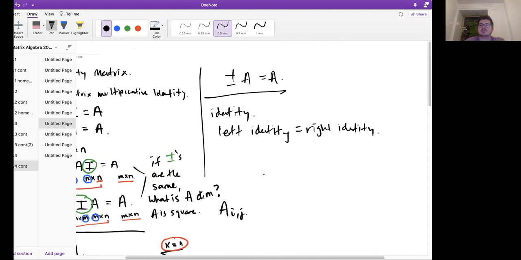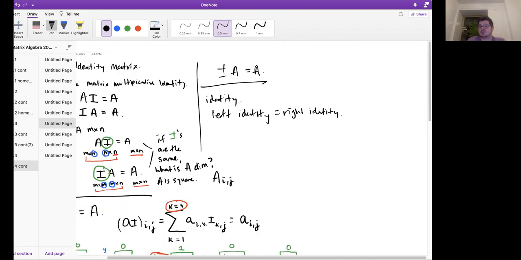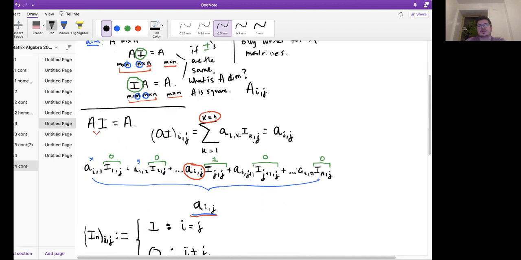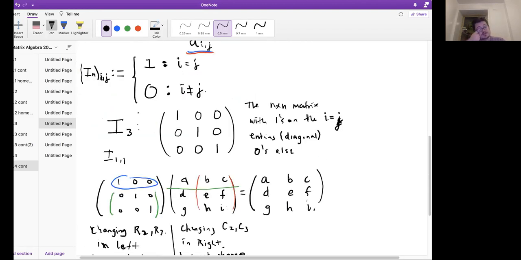So if I want an identity that works both on the right and the left, it only works for square matrices. And that's what we will define the identity as, only for square matrices. So I3 is the unique 3x3 identity. Okay.